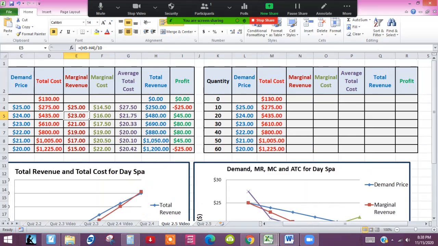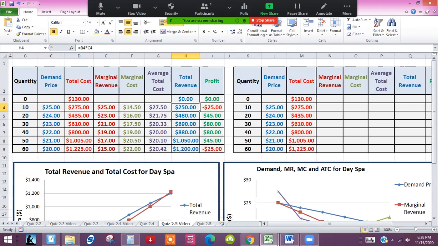What you're going to want to do here is compute total revenue first, just by simply multiplying the price times the quantity, which is right there. And then we can get marginal revenue by looking at the change in total revenue divided by the change in the quantity.